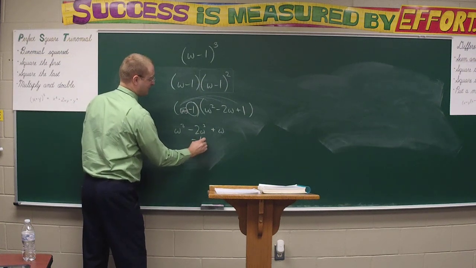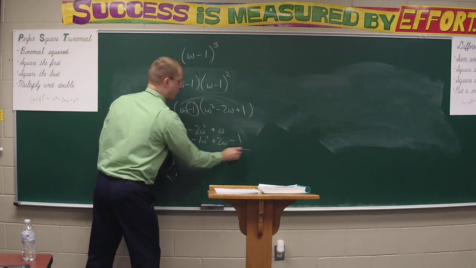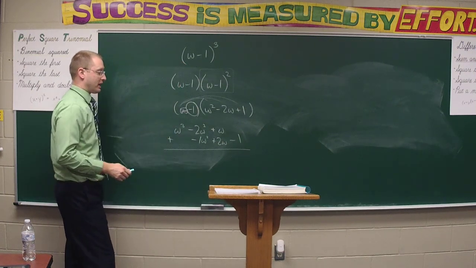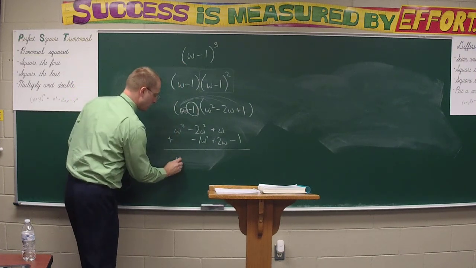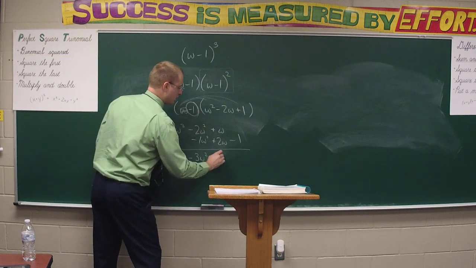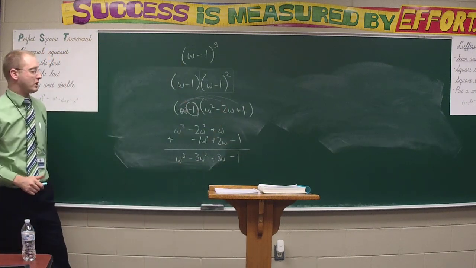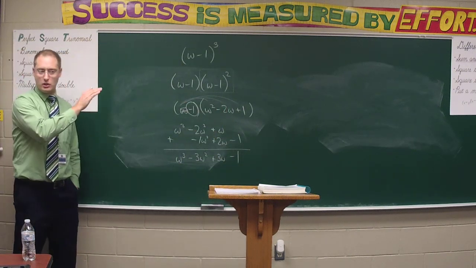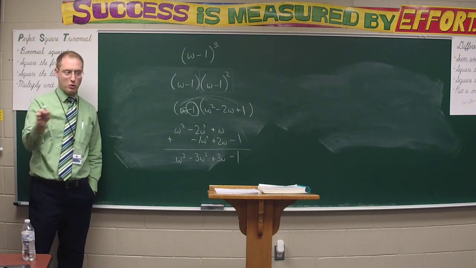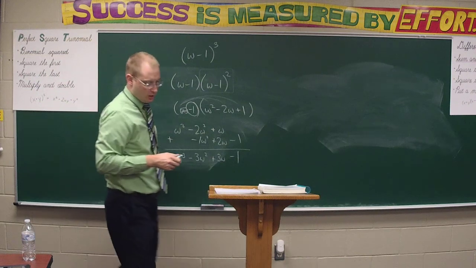Negative 1w squared, positive 2w, negative 1. And of course, we just need to combine the like terms together, Brandon, to get what answer? w cubed, negative 3w squared, and positive 3w, negative 1. And there's our answer there for the cubed binomial. Questions on this from the rest of you or from Genesis? Any questions at all? All right.